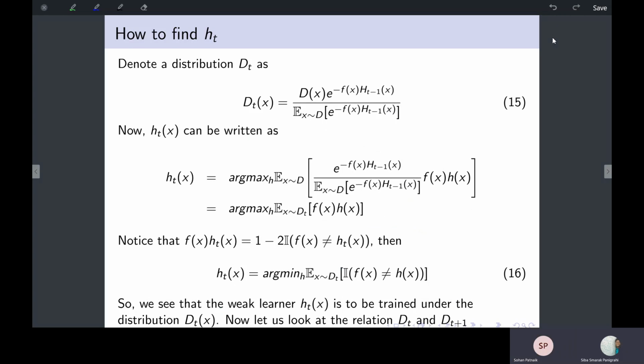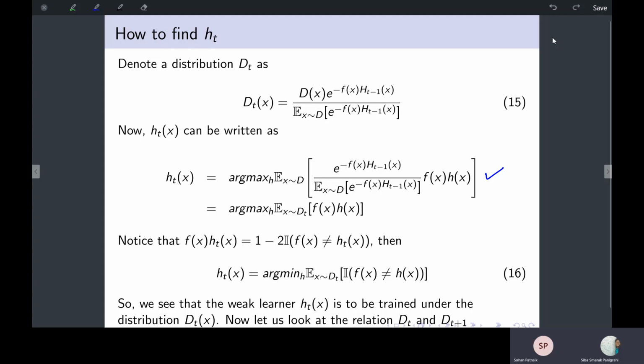Okay, so we saw a huge expression for HT. Now in this slide we will see how to get a compact expression for HT. For that, let us denote a distribution Dt as D(x) into e to the power minus f(x) H(t-1)(x) divided by the expectation of e to the power minus f(x) H(t-1)(x). In the previous slide we saw the expression of h_t(x) as argmax of the expectation of that huge term.